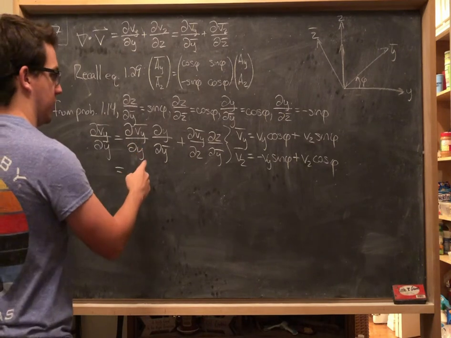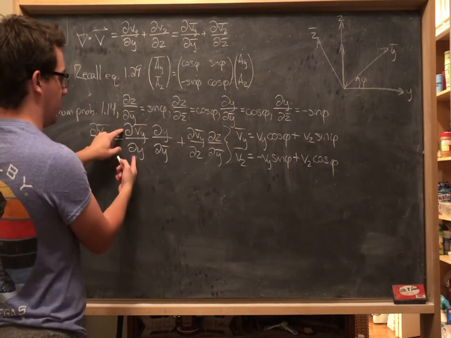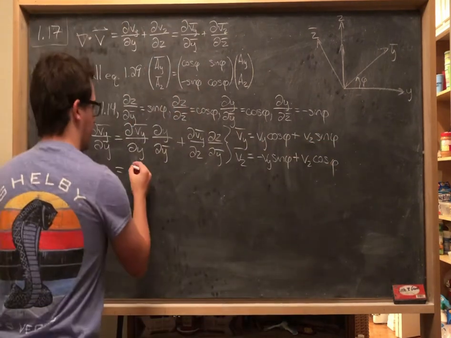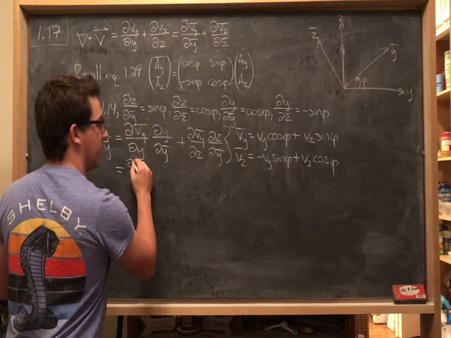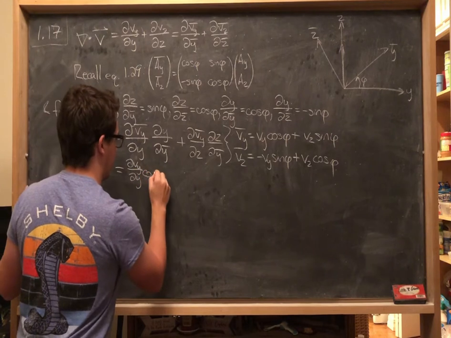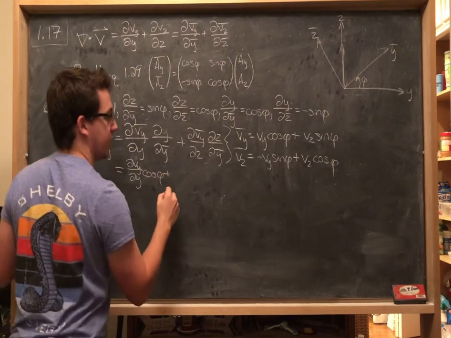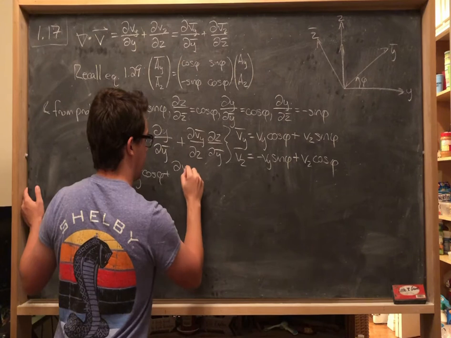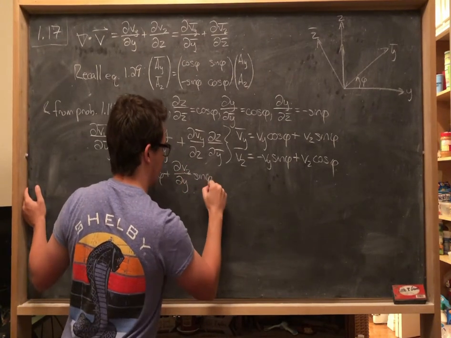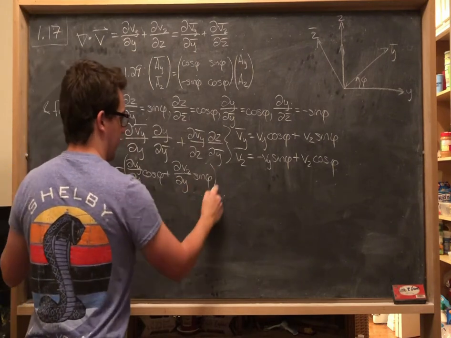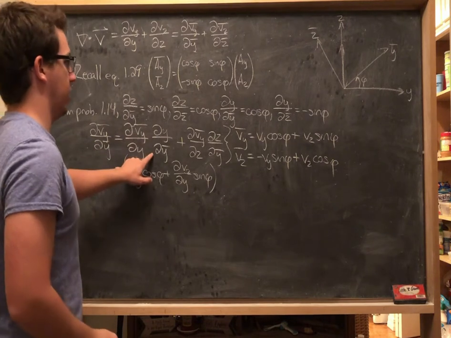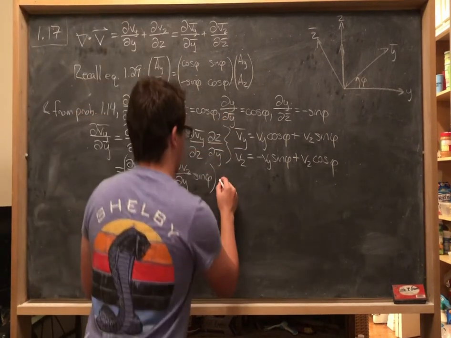So this would be d dy times this equation. So d vy dy cosine phi plus d vz dy sine phi. So that's this first term here, and that's multiplied by dy bar, which we are saying is cosine phi.